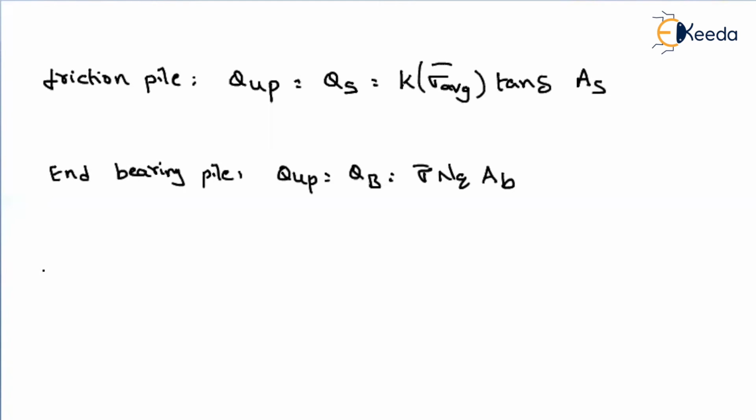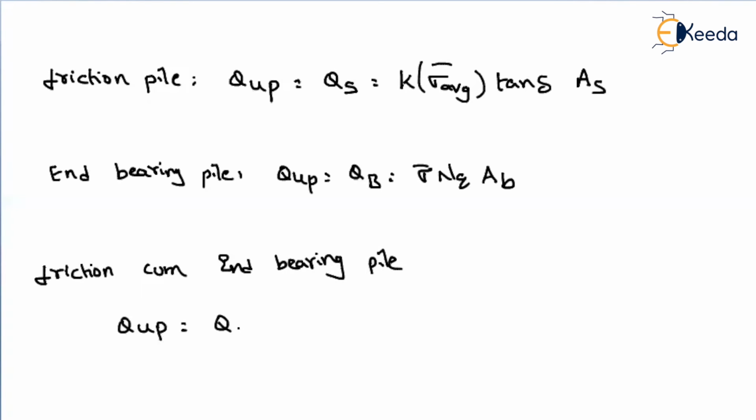Suppose it is a friction cum end bearing pile. So the ultimate capacity of the pile can be written as the summation of end bearing resistance plus the summation of frictional resistance.